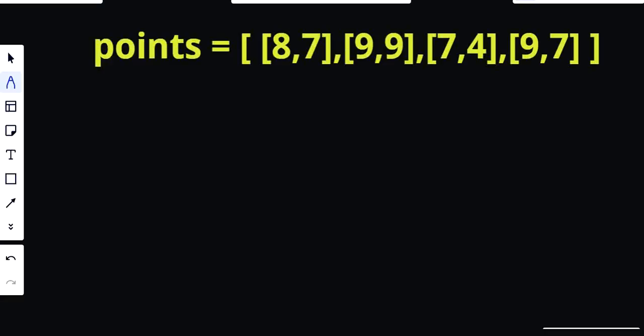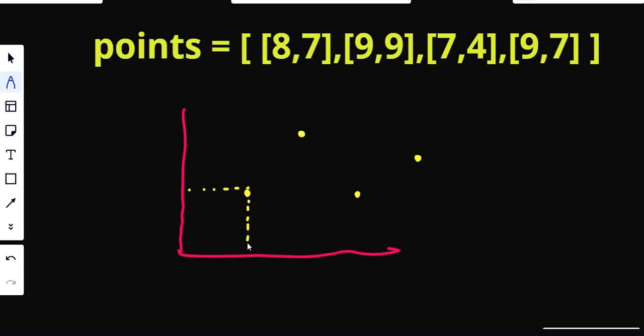So here is the example. Let's try to understand this even better with the diagram. Suppose this is a graph and there are these points, right? Just assume that these are the points which are given in this array, random points, and these are representing the y and x coordinates, right?